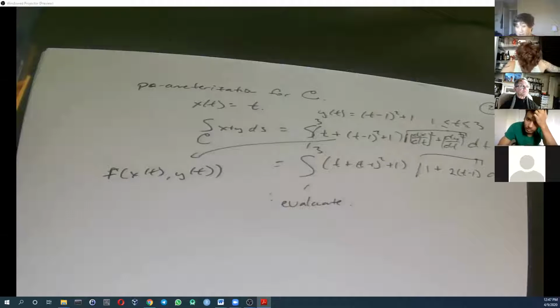I'll say this one more time: look back at parameterization in chapter 13. It is really important as we move into chapter 16. We will need to know how to parameterize things: planes, lines, curves, surfaces. So be good at parameterizing things.